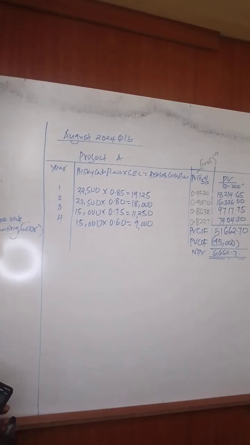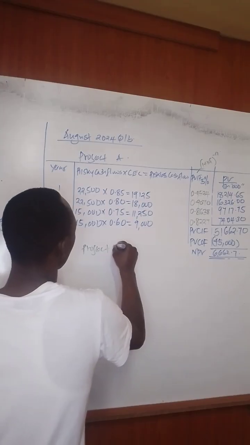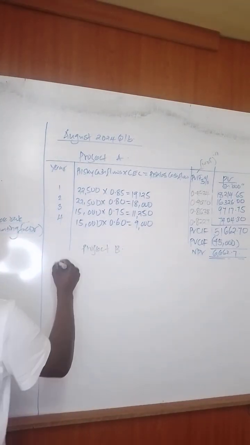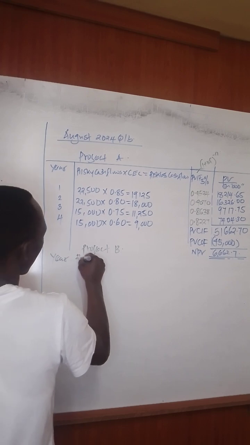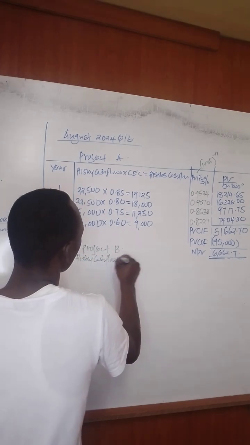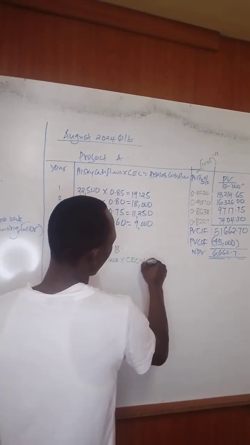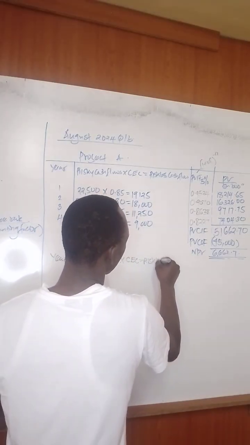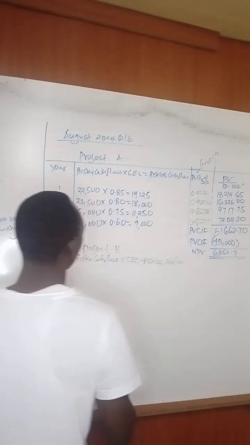Then let us go and compute for project B. So for the case of project B, again we are going to have the year. Then we take the risky cash flows, then we multiply by the certainty equivalent coefficient for us to arrive at the riskless cash flows.